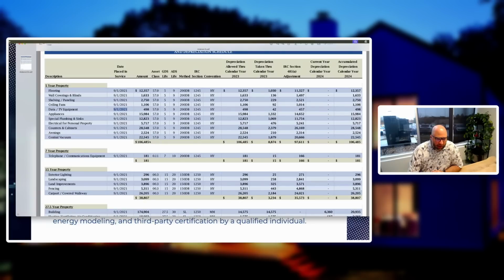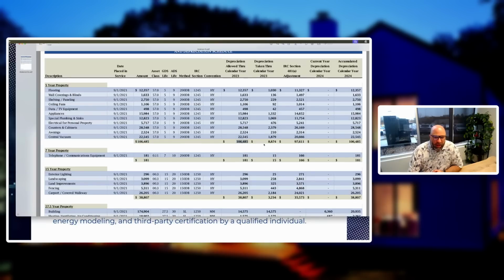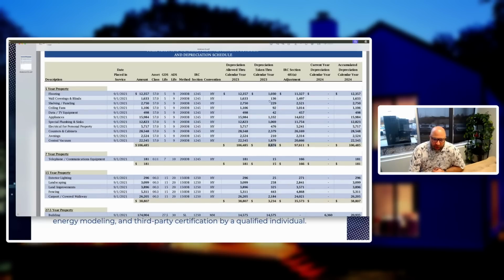So you can see we found $106,000 worth of stuff. The depreciation allowed through calendar year 2023 was that full amount because it's 100%. The client had only taken $8,000 of depreciation, or $8,800 exactly, on these 5-year assets because they were using the straight line method, which means we were able to catch up $97,000 of additional deduction.